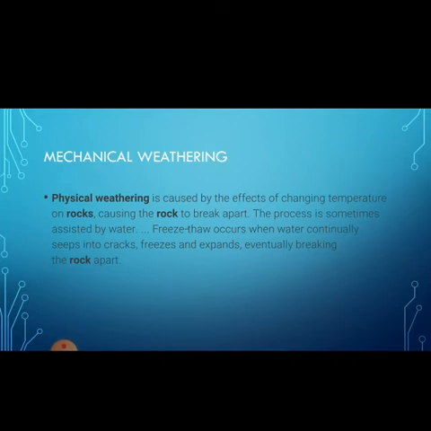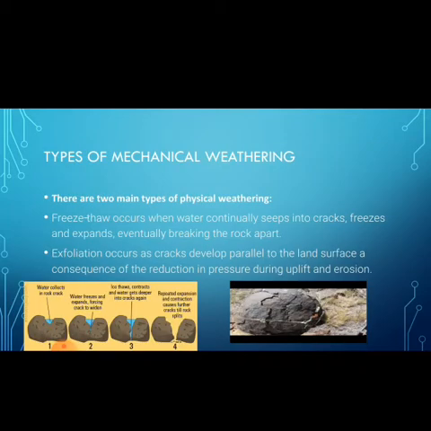Physical weathering. This type of weathering occurs due to three main processes. They are freeze and thaw, or high temperature, or unloading. You can see in the first picture a minute crack exists on a rock surface and where water is collected.